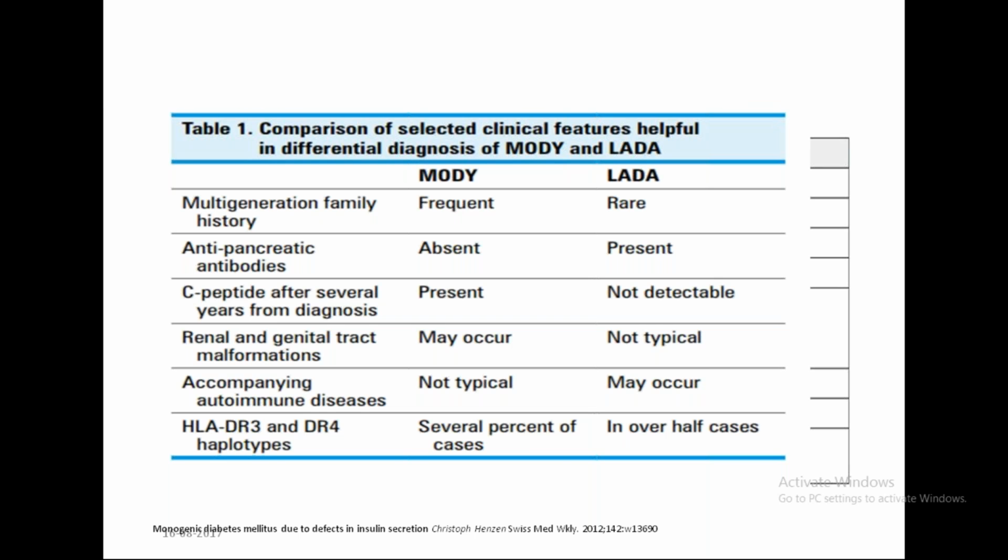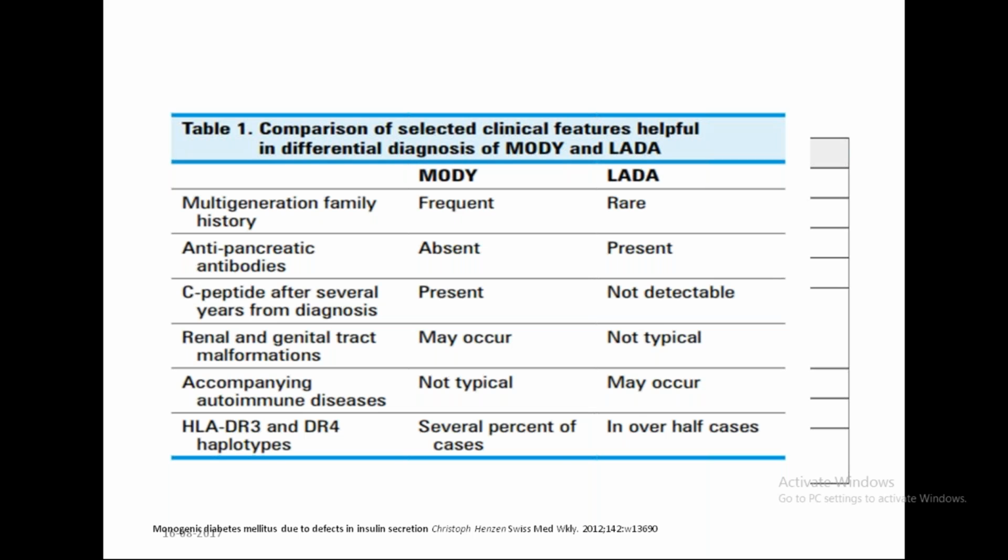Now the important one, now you know about MODY. Now comes the next one, latent onset disease, where you're comparing MODY and LADA. So multi-generation family history is usually present in MODY, not in case of LADA. Anti-pancreatic antibodies are usually present in LADA. C-peptide after several years from diagnosis is also present in MODY, whereas not present in case of LADA.